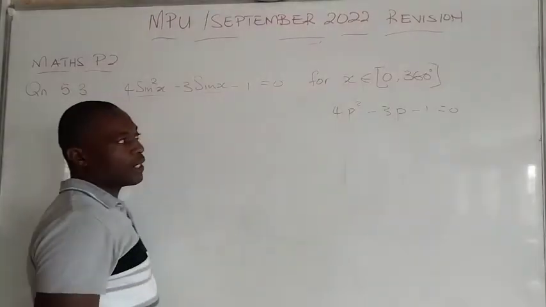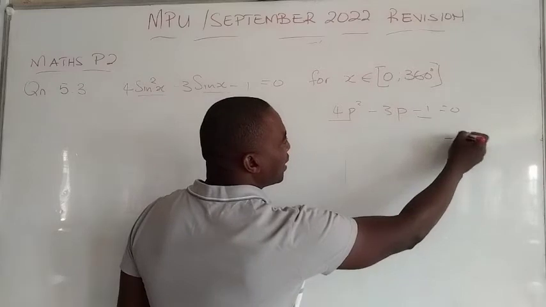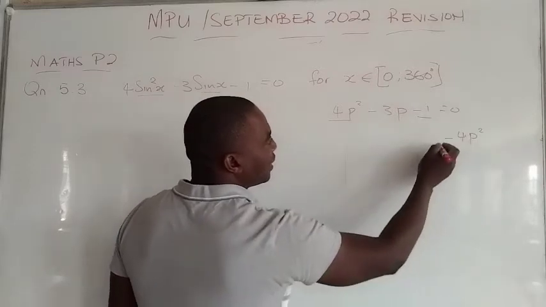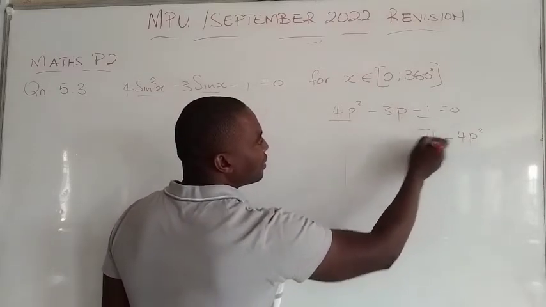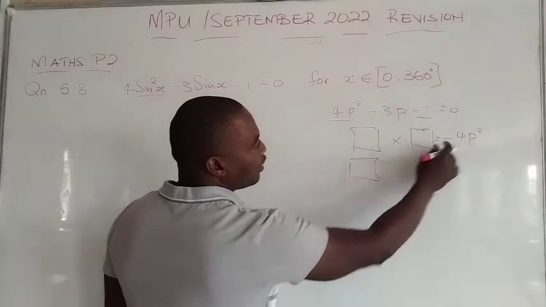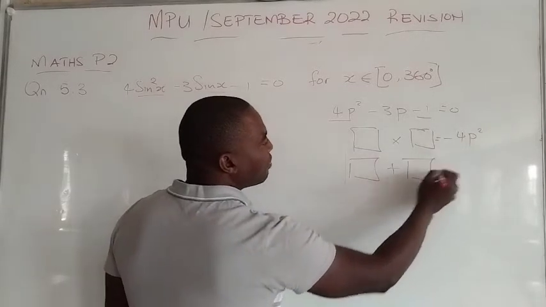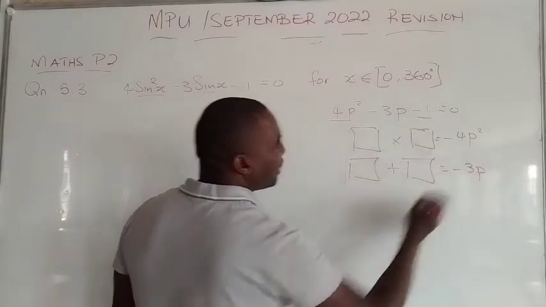How do you factorize this? The first term times the third term, which is negative 4p squared. Now we need two terms that multiply to give negative 4p, and then if we add them, we must get minus 3p.